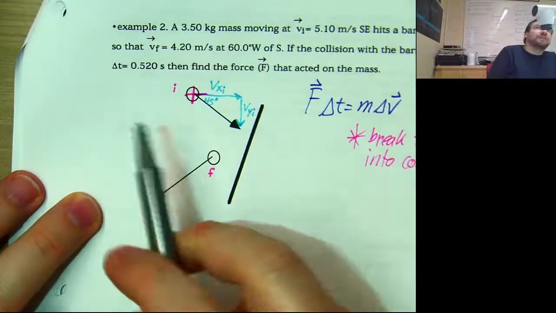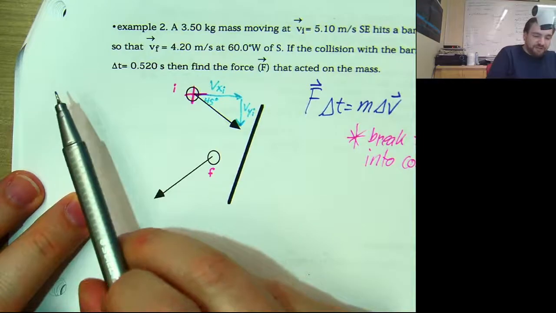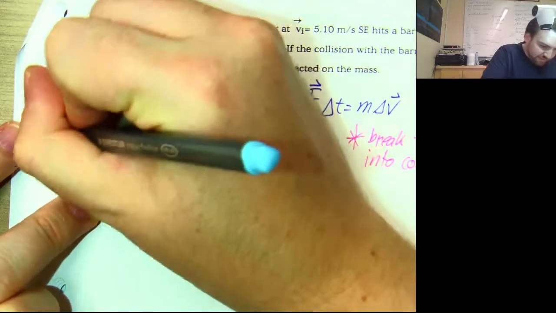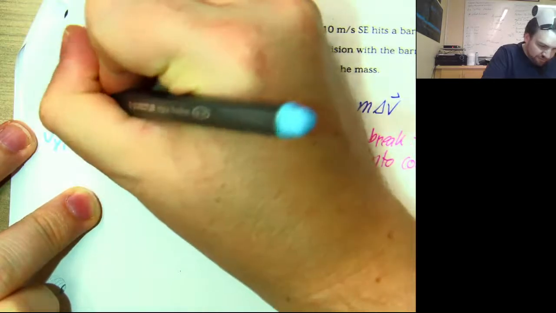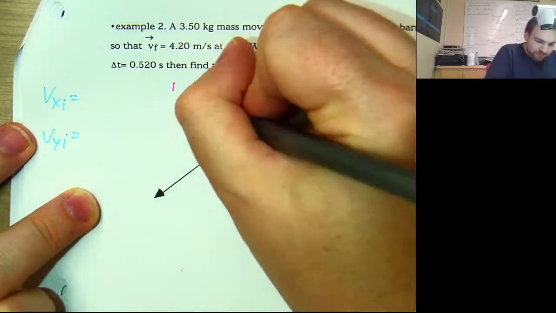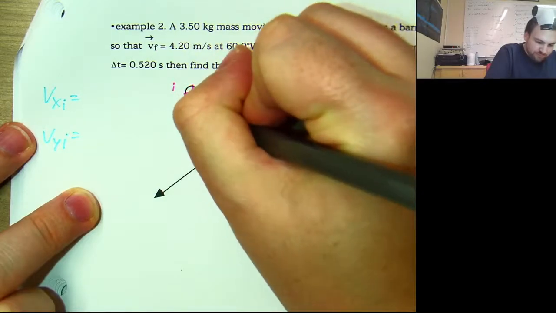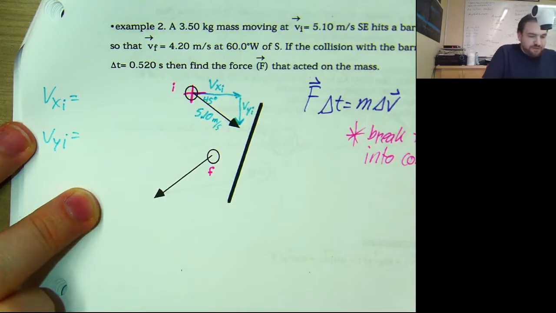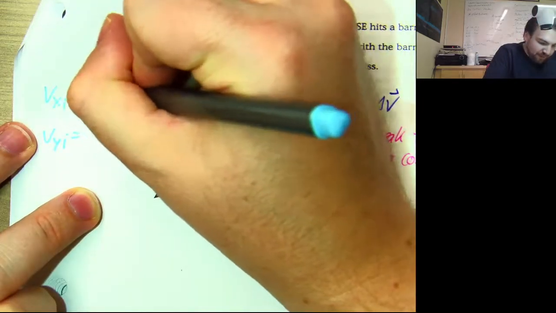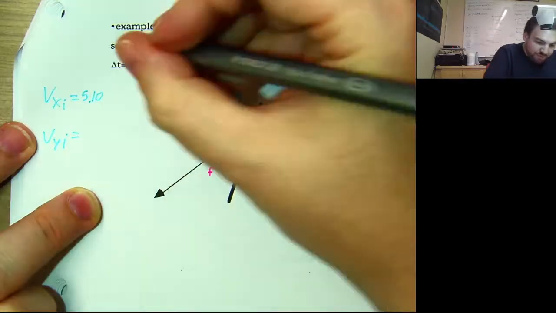And we're going to go over here. I want to figure out what those are. So Vx initial and Vy initial. Our V, we were told, was 5.10 meters per second. So Vx is going to be 5.1 cos 45.